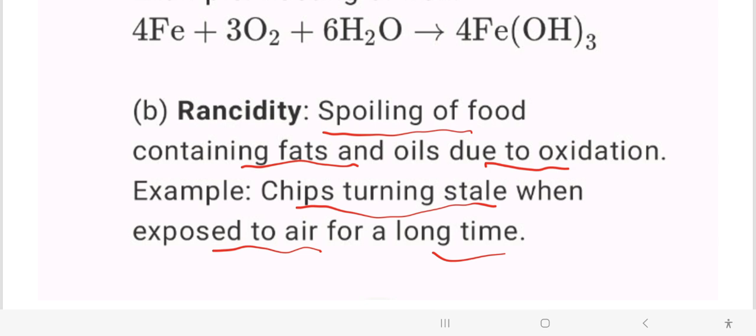Even the odor is also not nice. Only as long as they are packed in that airtight cover can you find that freshness. So this is the reason, because of rancidity. To avoid this rancidity only, we take care of the packing of the food items using nitrogen gas. Thank you.